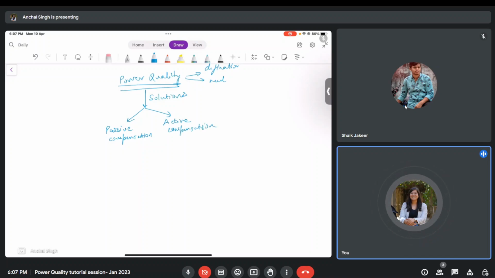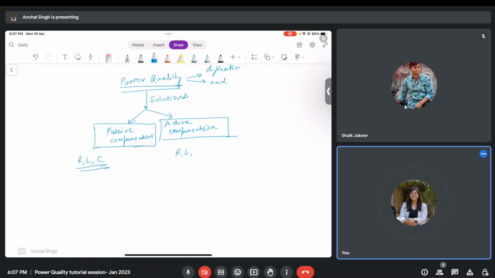When you talk about passive compensation, it means the compensators that are made up of R, L, and C elements, passive elements, whereas active compensators are made up of R, L, and C elements along with switches. This is the only difference between active and passive compensators.